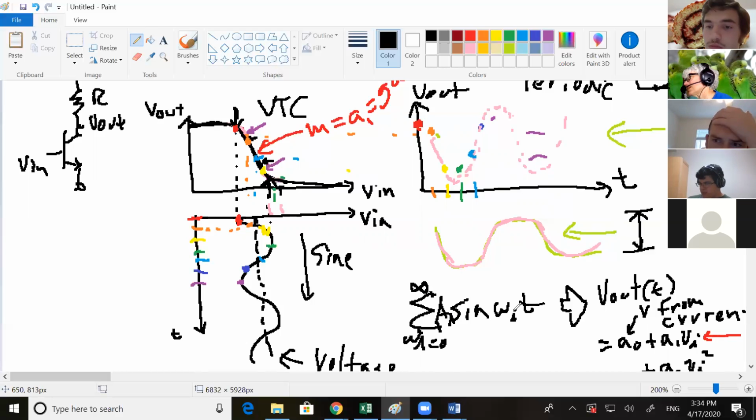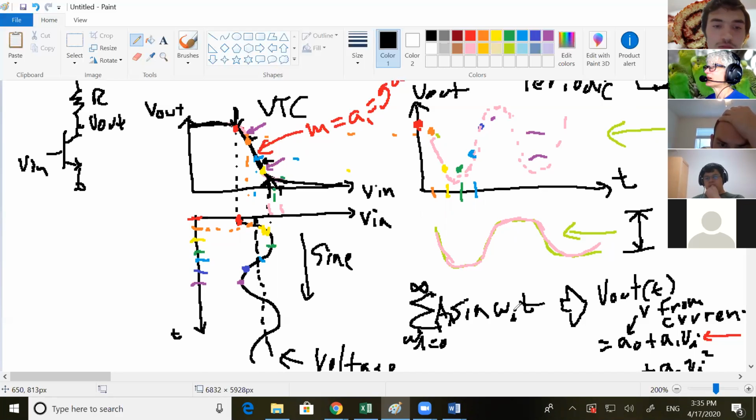What you can do with that, and we're not going to do it, and don't worry, you're not responsible for it for this class, is you can take the Taylor expansion of that, and then put that Taylor expansion around 0, which is called a Maclaurin series.